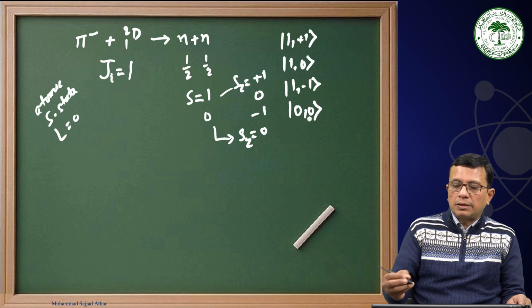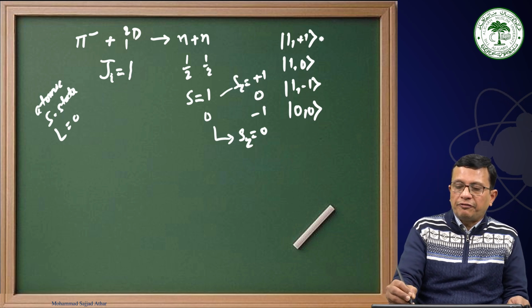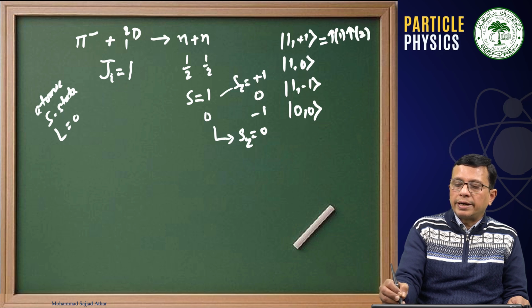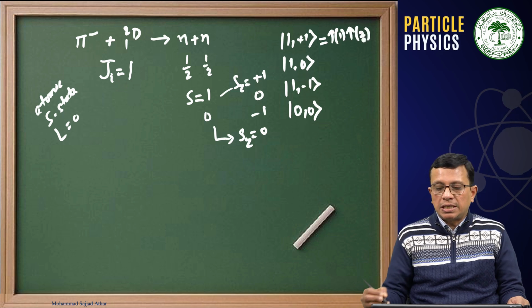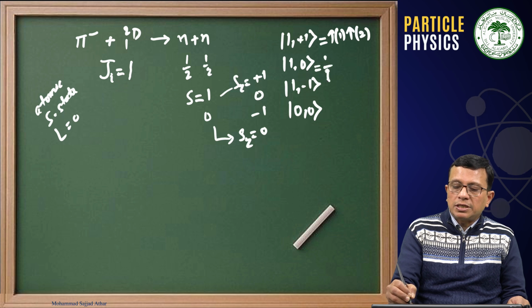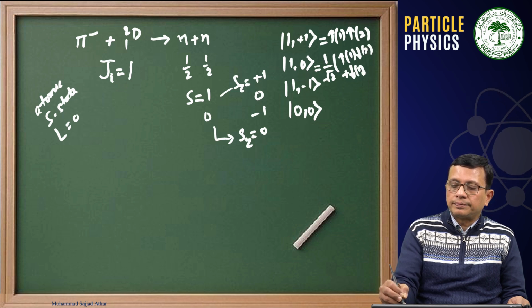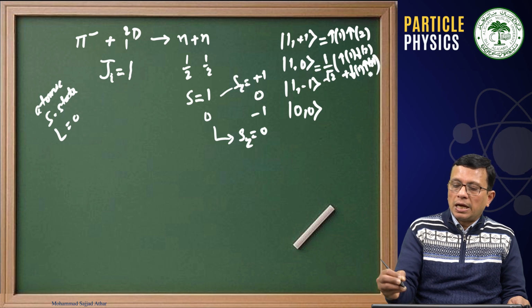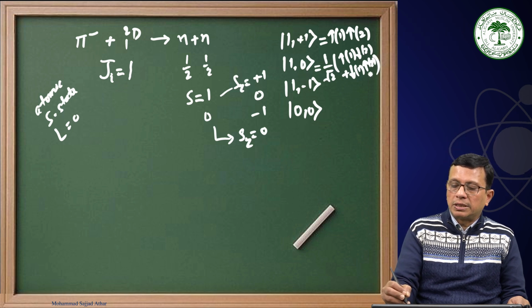Then we saw that the 1 +1 state we can form when both neutrons are in a spin up state. The 1 0 state we can form when one neutron is in a spin up state and the second is in a spin down state, and vice versa for the second case.